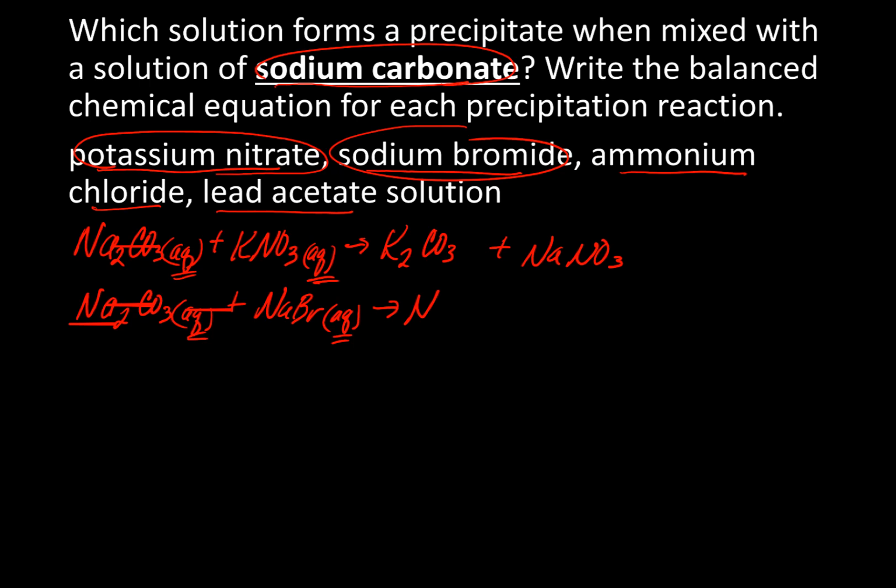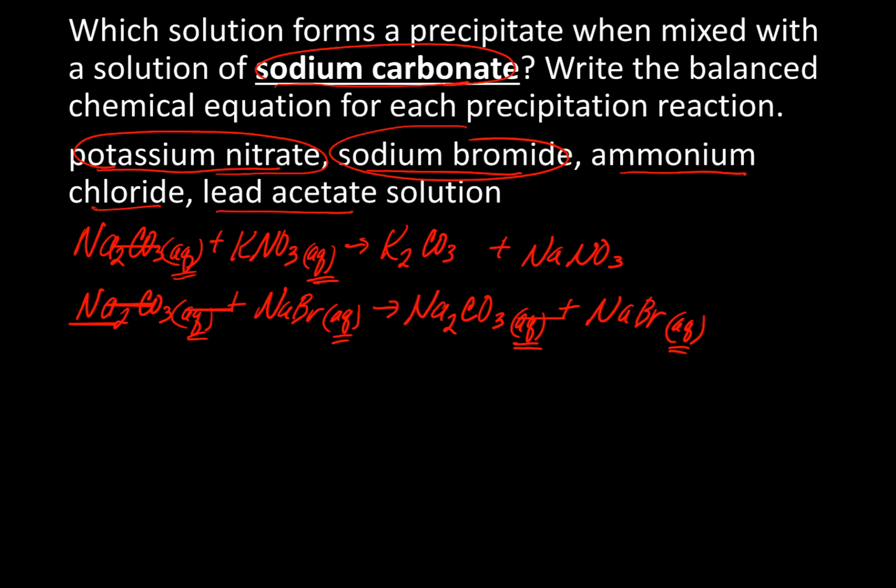And for this one, you've got the same products and reactants, because sodium is your cation in both cases. So you know that they're both aqueous because they're dissolved in a solution to start, so they're not going to precipitate when they're mixed together.